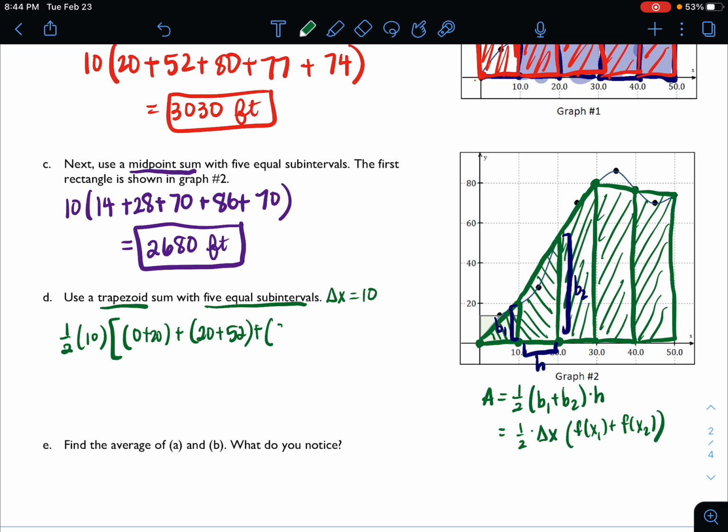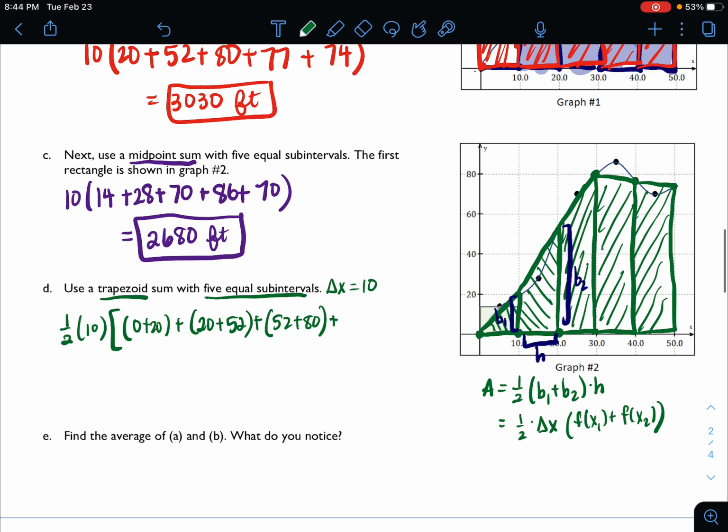Plus 52 plus 80 for base 1 and base 2. Plus 80 plus 77. And then the last one is 77 plus 74. And so again, on an AP test, you would want to leave that just like that. You don't have to simplify it. We are going to do it for our sake. We will get 2,660 feet here.